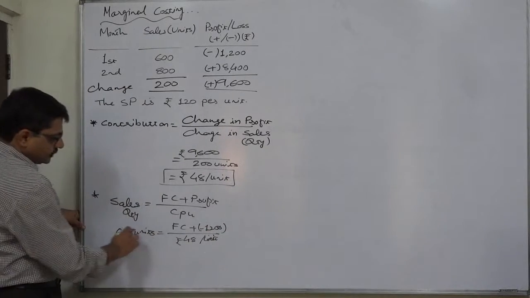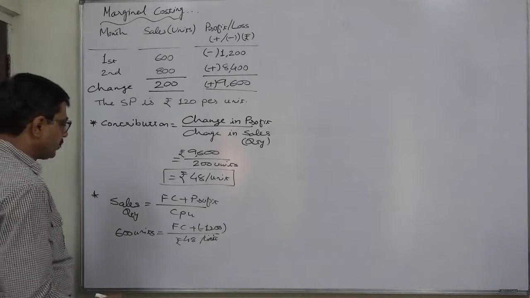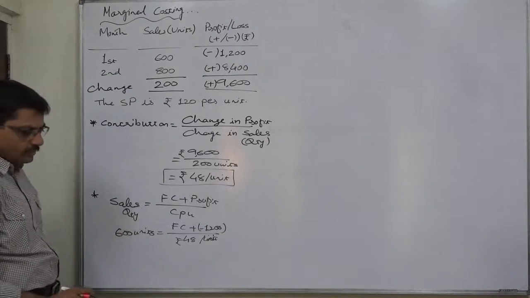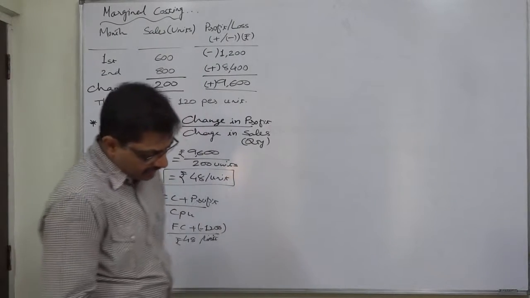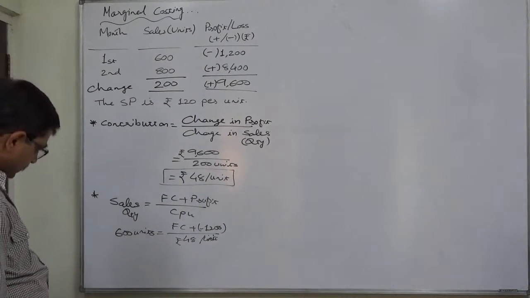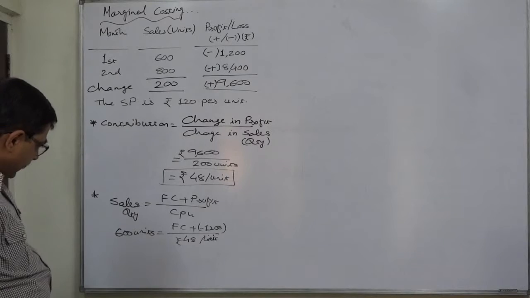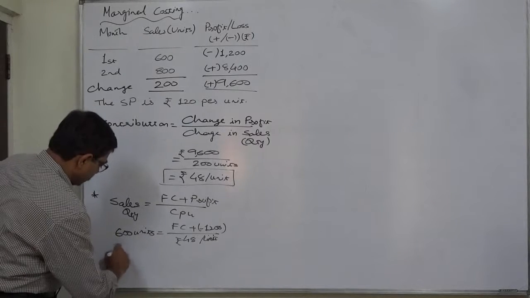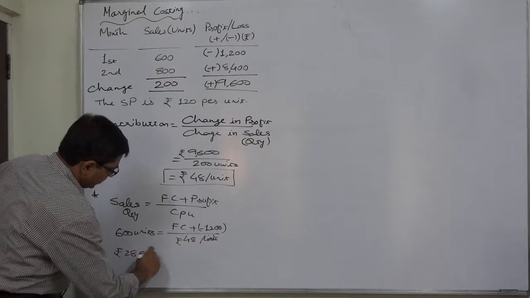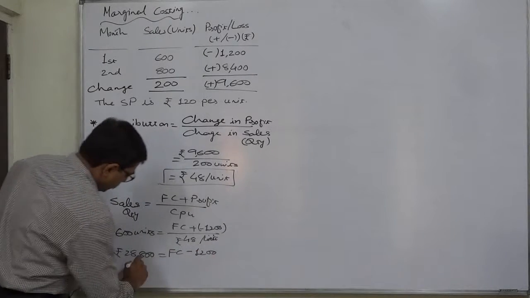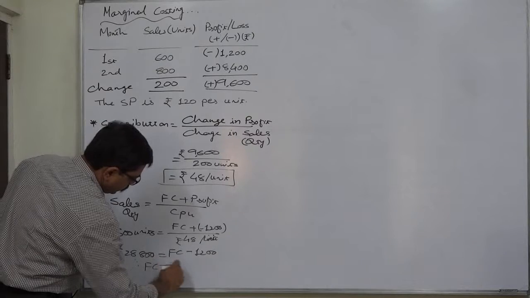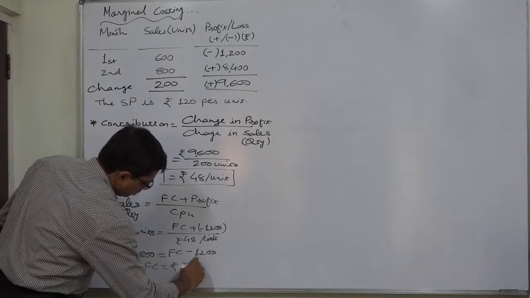If we multiply these two, we will have total contribution 600 into 48, which will give us 28,800 rupees. 28,800 equals to fixed cost minus 1,200. So fixed cost comes to rupees 30,000.